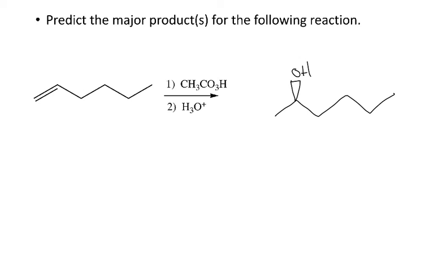It's not going to be chiral, so I don't need to worry about the wedges and the dashes. But this carbon is chiral, and so I will get the enantiomer, and so I'll also have that OH on the dash.